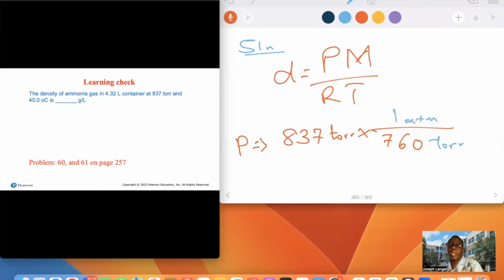So what I'm doing here is converting the pressure from torr to atmospheres. Temperature is 45.0 degrees Celsius plus 273. So you need to know the temperature, all right? Changing the temperature to Kelvin.